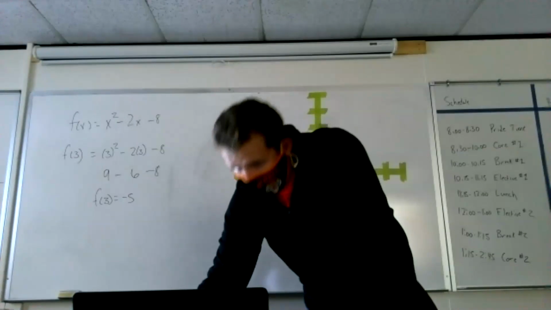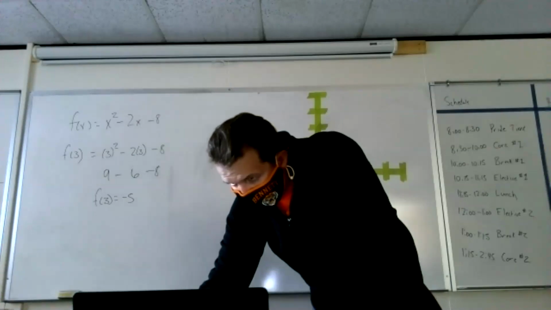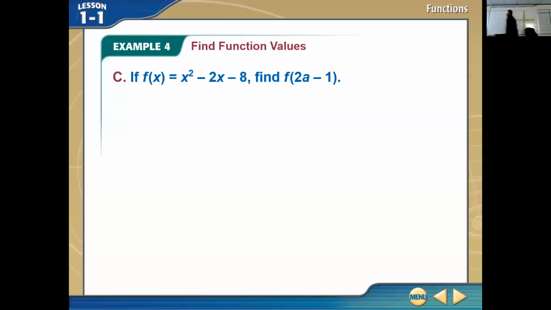Okay, so here's the second to last example that I'm going to show you, and this one requires a lot of work. You can see that they've given us f of x is equal to x squared minus 2x minus 8, and they want us to find f of 2a minus 1.